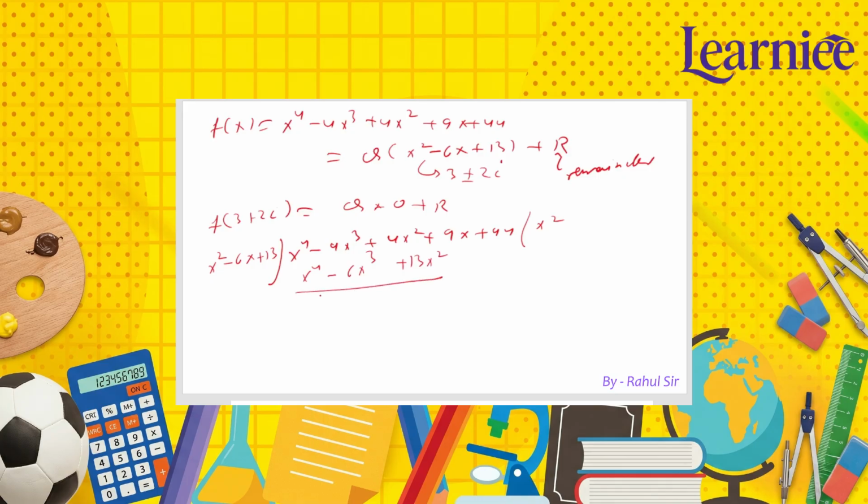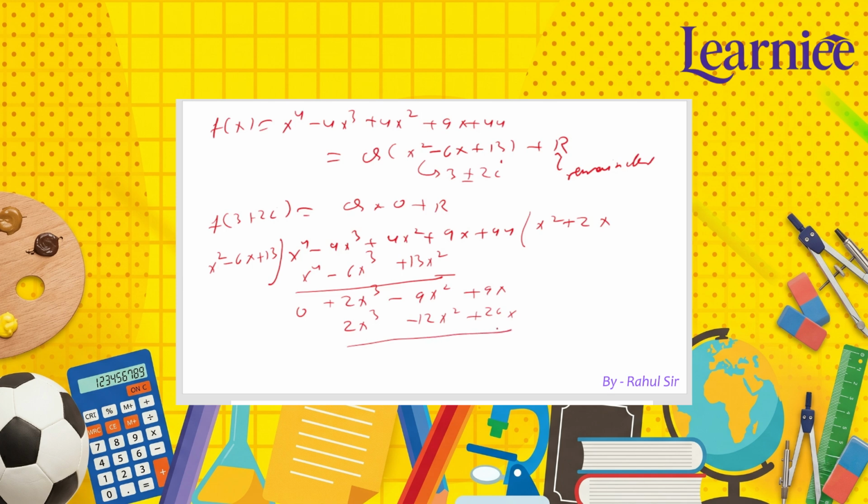Subtracting it, we get 0 plus 2x cube minus 9x square plus 9x, and the next term will be plus 2x, so 2x cube minus 12x square plus 26x.